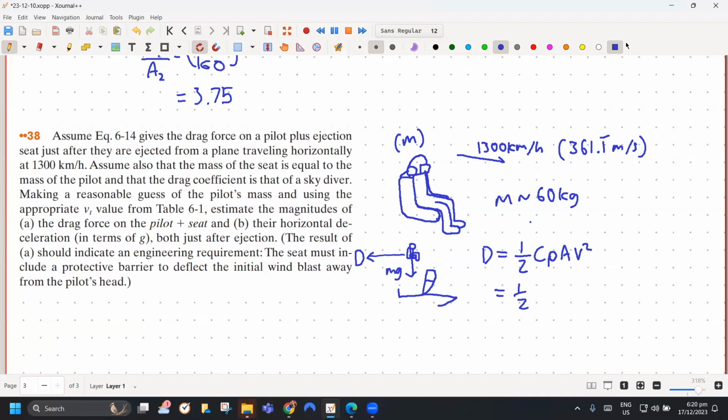So the 1/2 C rho A is going to be the same for both the pilot and the skydiver.